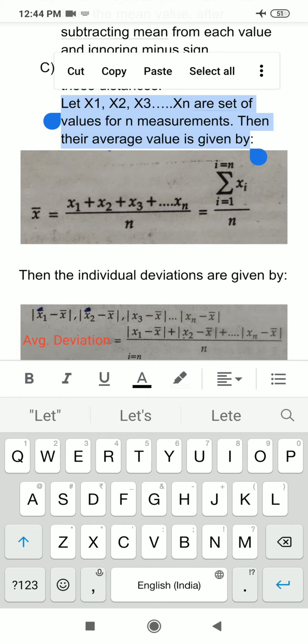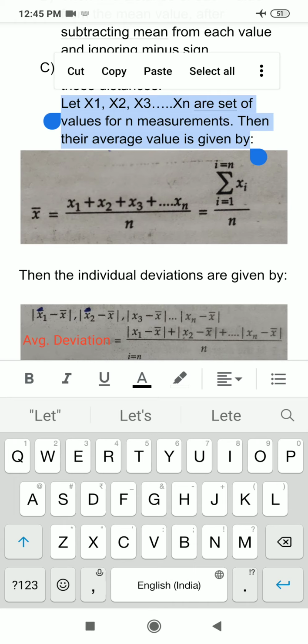So average value here can be written as, I have shown this in screenshot, x bar is equal to the sum of x1 plus x2 plus x3 and so on up to xn divided by their number, so divided by n. So this is average, and I can write it as summation of xi from i equal to 1 to n divided by the number of measurements n. So this is mean value or mean.